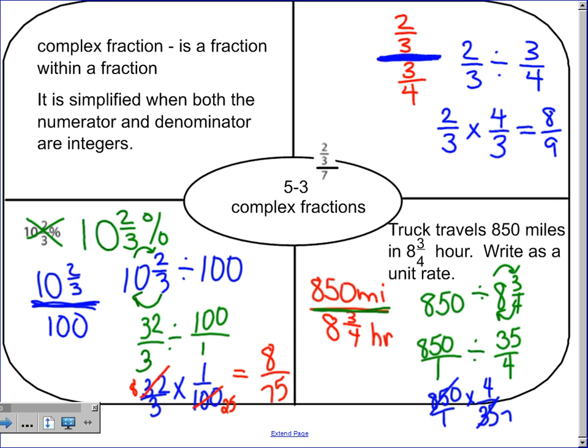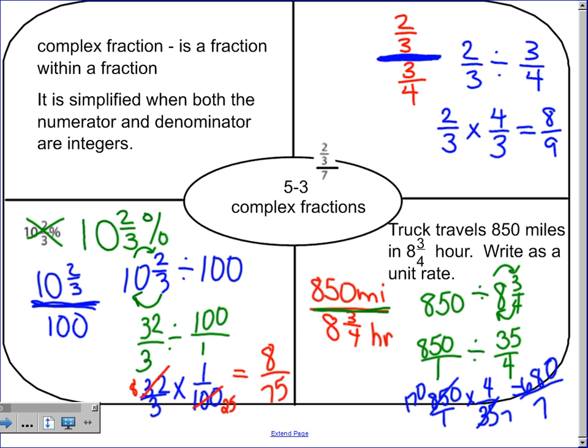Let's see. What do you have? 170? Okay, 170. So 170 times 4 will give me 680 over 7. Is this okay to leave it like this? Okay.